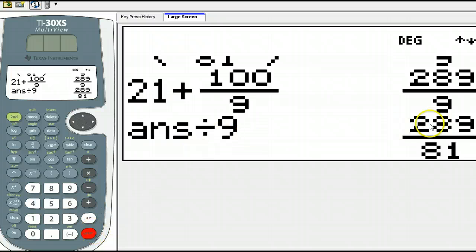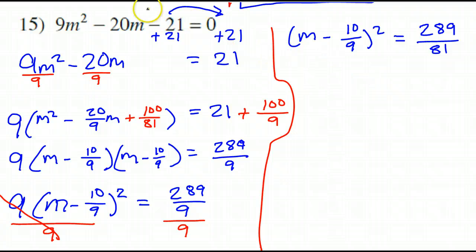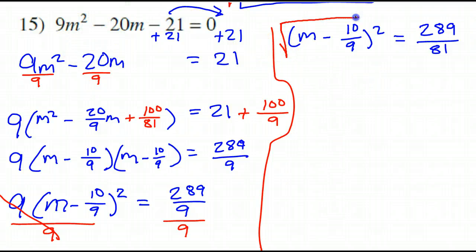So divided by 9 gives me 289 over 81. This is the point at which we take the square root of both sides. Don't forget your plus or minus.